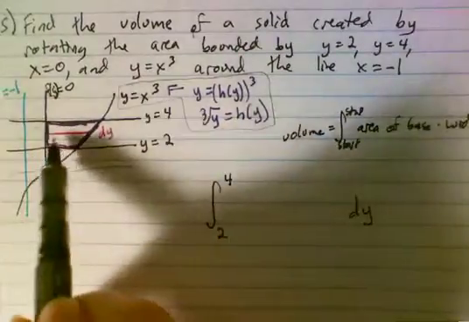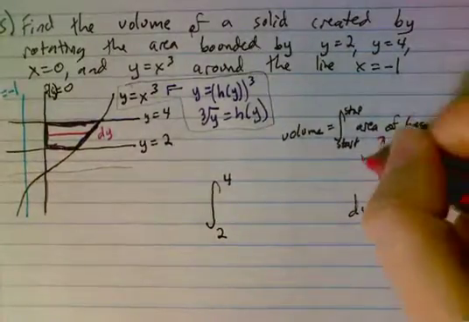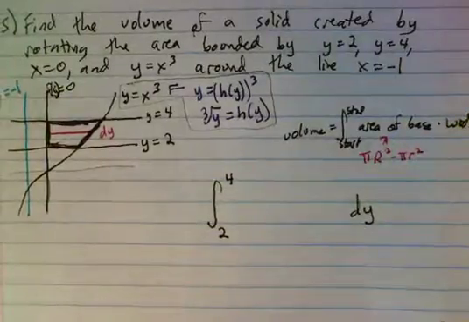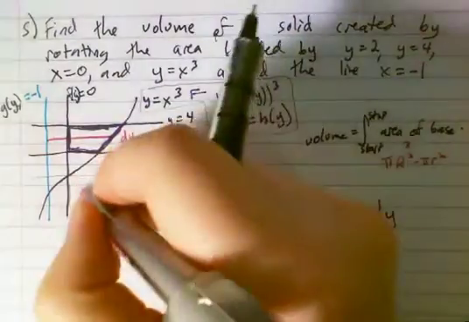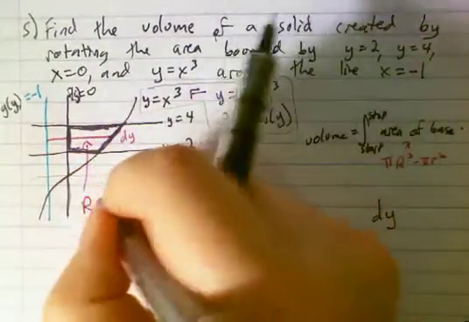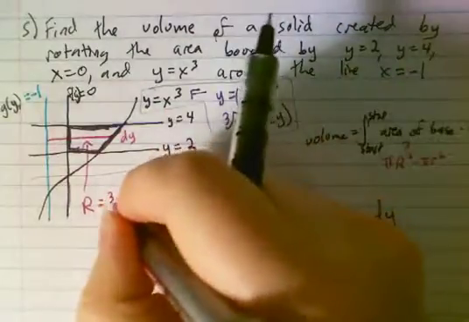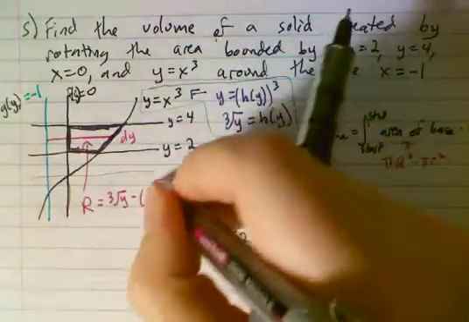I notice there's a gap between what I've drawn and the axis. That means we're using, surprise, surprise, pi big R squared minus pi little r squared. So I'm going to extend this over here. That's going to give me my big R. So right, which is cubed root of y, minus left, which is -1.